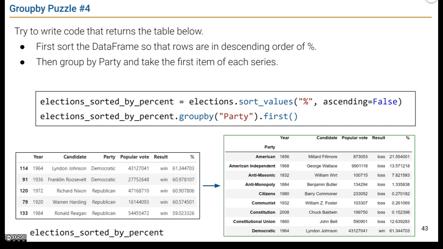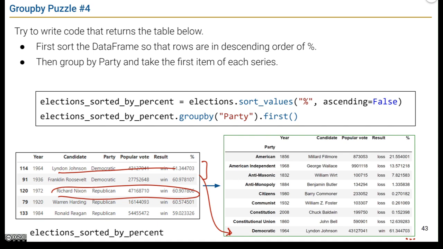Here's my elections sorted by percent, and so you can see here, just in the top two, just because Democratic was showing up that way, it's just going to pull that for the Democratic category, and then for the Republican category, it's going to pick Richard Nixon. It doesn't show up here because this data set keeps going, but this would be what's showing up in the table. That's one way you can do this.